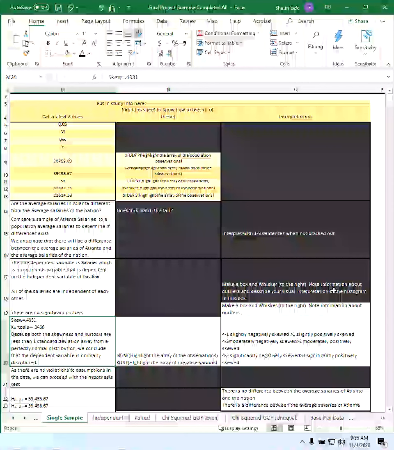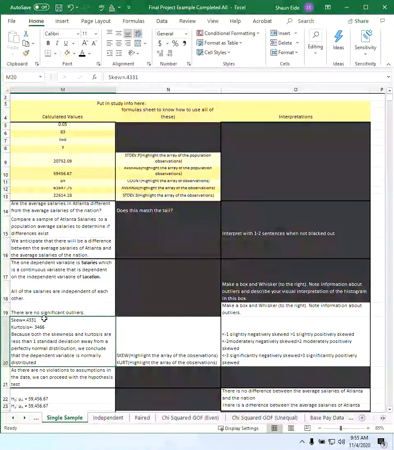In other words, these skewness and kurtosis values are like the standard deviation for skewness and kurtosis. Because they're within 1 standard deviation, in that center portion, that 68% where pretty much everything falls, we're doing fine with that.